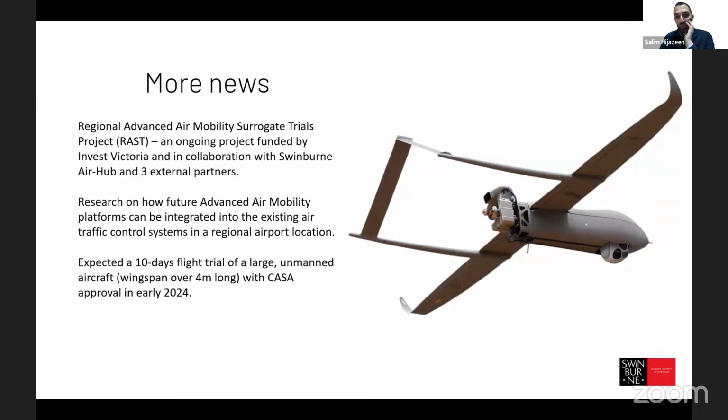And in other news, the department and I, as I mentioned earlier, Professor Zane, Professor Tommy, myself, and a few others have been working on this project here, the RAS project, which is Regional Advanced Air Mobility. It's a surrogate trial, basically, to understand challenges, limitations, public acceptance.